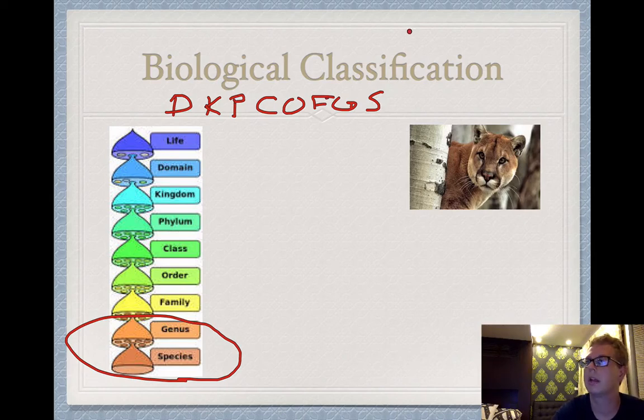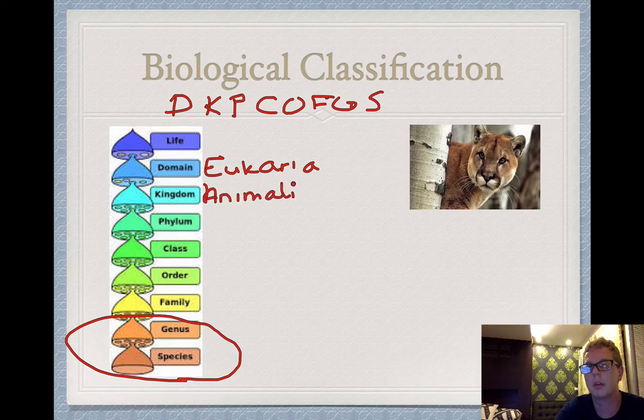Now, let's go ahead and name our mountain lion here and get its actual name. So it is part of Eukarya. Okay, and we'll talk more about Eukarya soon enough. And it is part of the animal kingdom, also known as Animalia, because we're dealing with Latin. And the phylum is Chordata, and Chordata are your animals that have a spinal cord, chordates, all right?